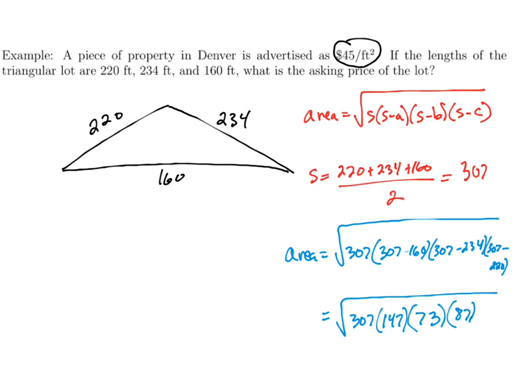So multiply those values together and then take the square root. And I got $16,929 and about 69 cents. All right, so that's it for this video. Pretty straightforward, just using some formulas to find areas of triangles.